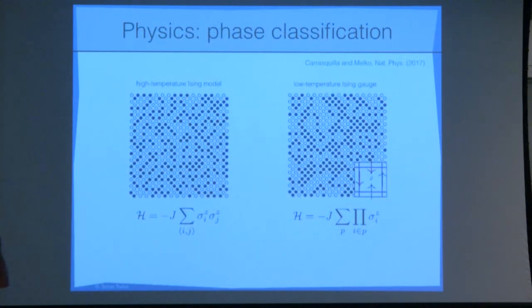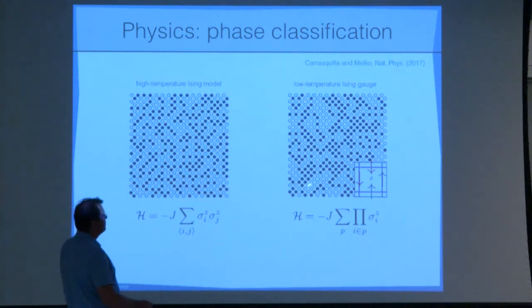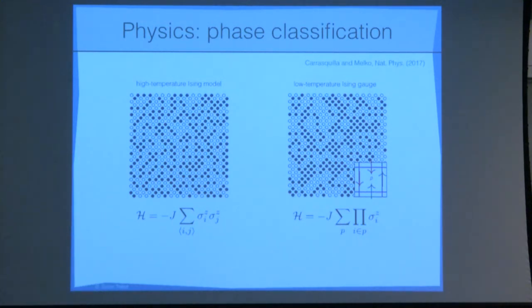Here's a physics example. We just said I can distinguish 2 different digits. Let's distinguish 2 different configurations of Ising models. Here's an Ising model in its high temperature, paramagnetic phase.